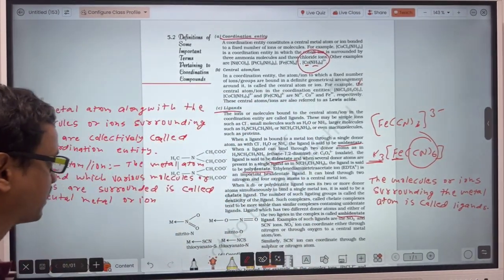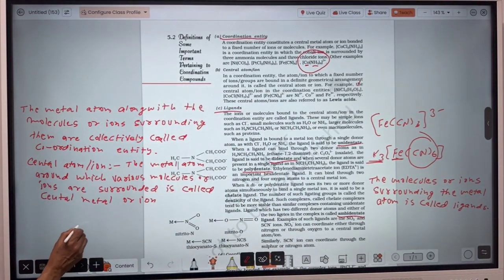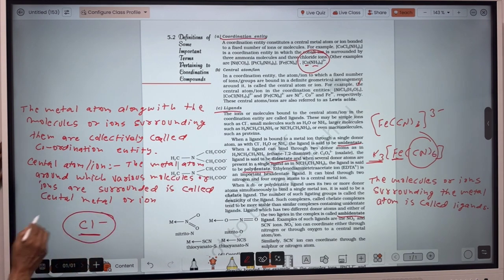What is a unidentate ligand? Let's see here Cl minus. Only one atom will surround the central atom. So in Cl minus, there is only one donating site. Only the chlorine atom can donate the electron to the central atom. So only chlorine can form a bond with the central atom.